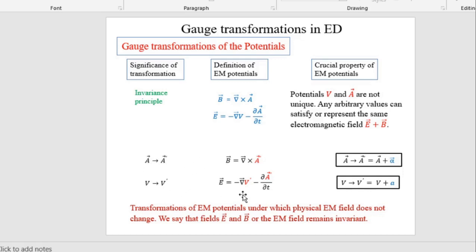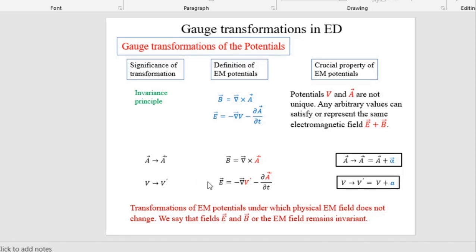From this discussion we can now define what gauge transformations are. Gauge transformations are the transformations of the electromagnetic potentials under which the physical electromagnetic field does not change.